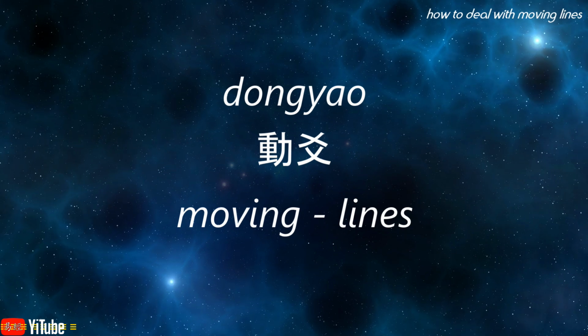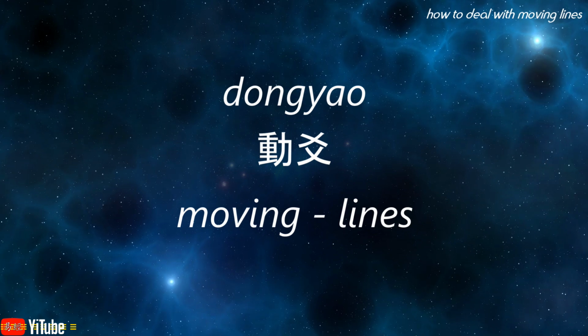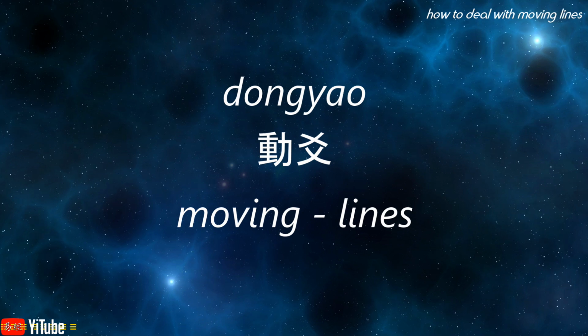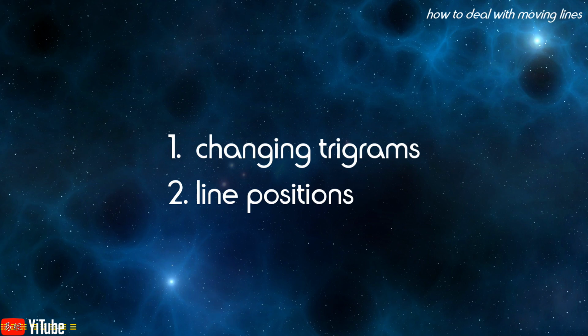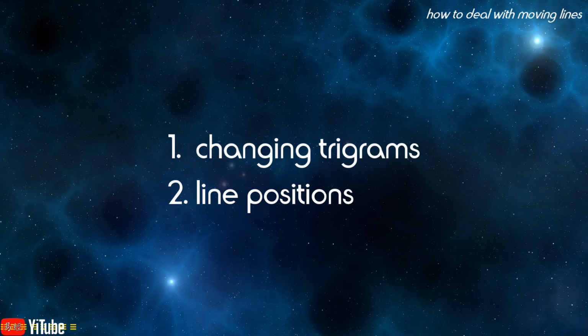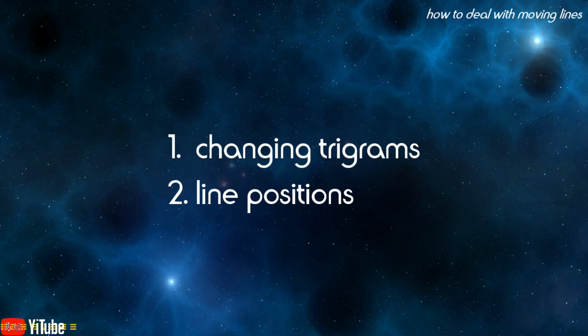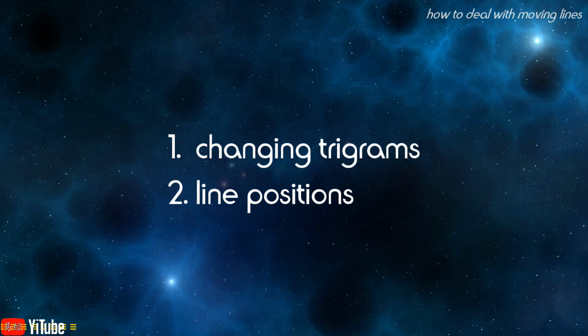There is something happening at that level, something that needs your attention. There are several ways to deal with these moving lines, but I mainly use 2. Changing trigrams and line positions. In this video I will discuss the concept of changing trigrams, followed by a real-life example.